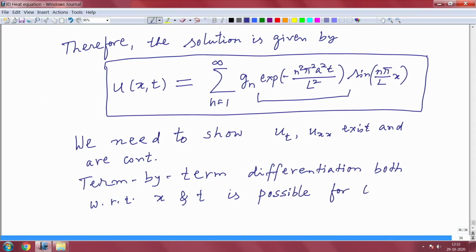So, let me write it separately. Once we see it in one particular case, if you just remember that, it goes through smoothly in other cases also.